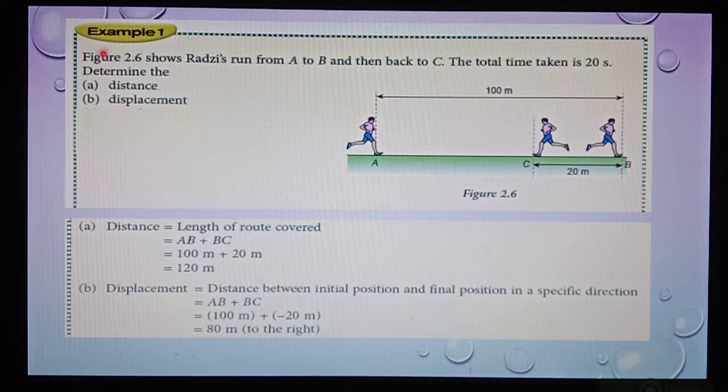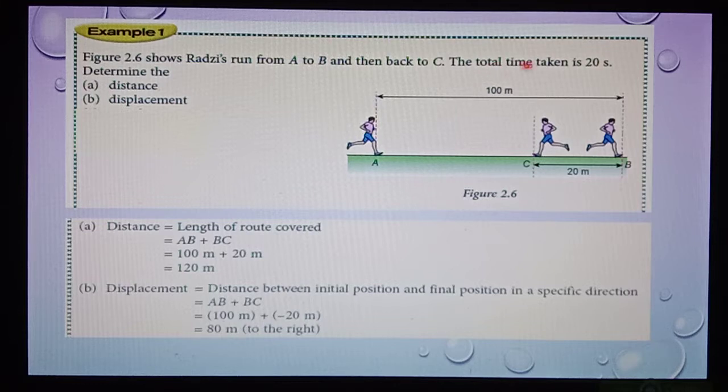Now look at example 1 here. Figure 2.6 shows Razis running from A to B and then back to C. The total time taken is 20 seconds. Determine distance and displacement. Remember the definition for distance: total length of path traveled, and this one is scalar.